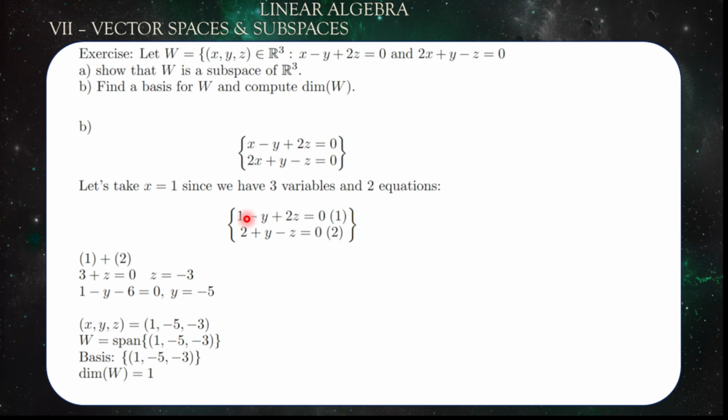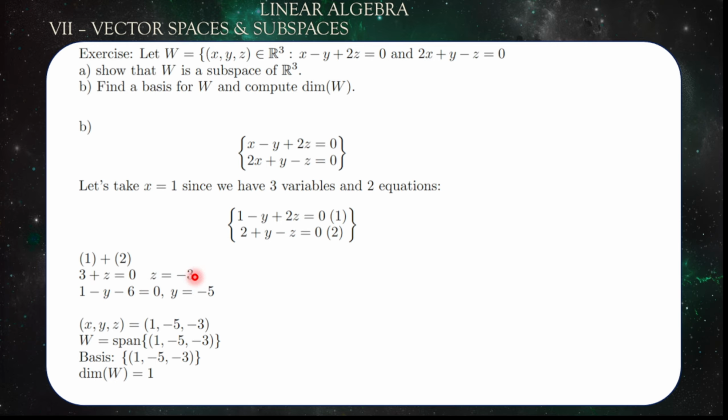We end up with 1 minus y plus 2z equals 0, first equation. And 2 plus y minus z is equal to 0. If we add these two equations, you get 3, the y terms cancel out, and 2z minus z becomes plus z. So 3 plus z is equal to 0. So z is equal to minus 3.